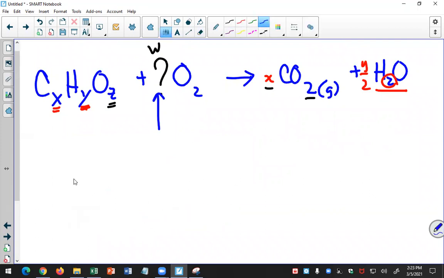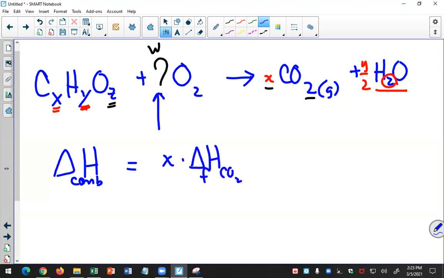Delta H of this reaction, which is the delta H of combustion, I'm just going to say delta H sub C there, or I can put COMB, is equal to x times delta H formation of CO2 per mole times x moles of CO2 plus y over 2 times delta H formation of water.